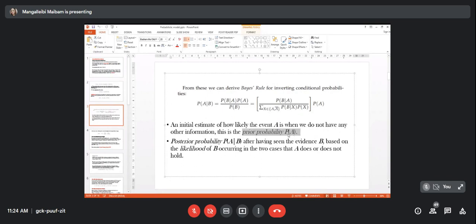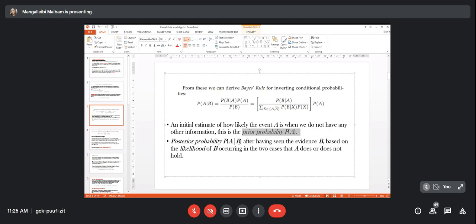So prior probability P of A is nothing but an initial estimate of an event A occurring when we do not have any other information. When you just find the probability of an event as an initial estimate, that kind of probability is known as prior probability.